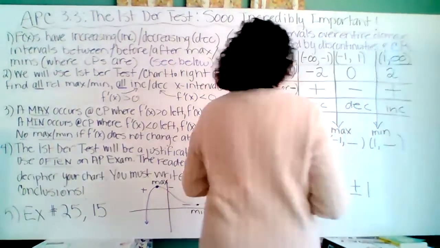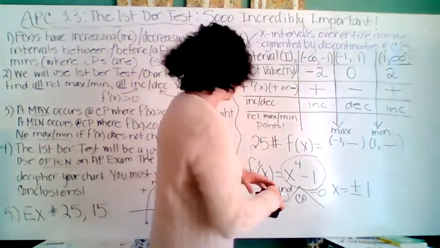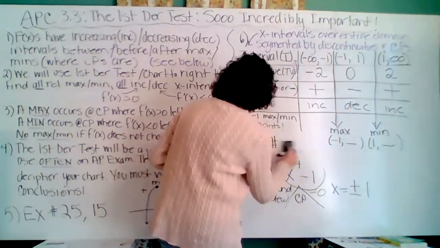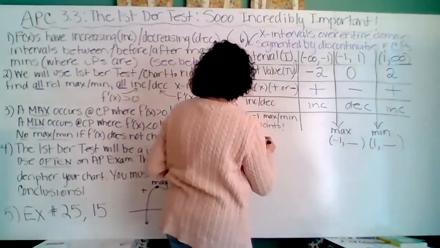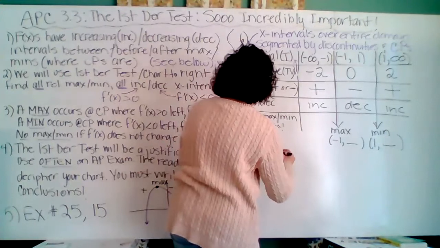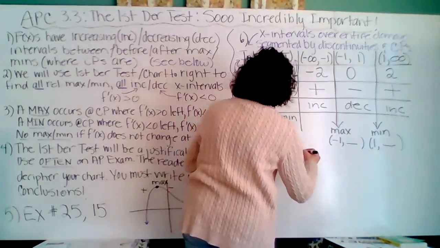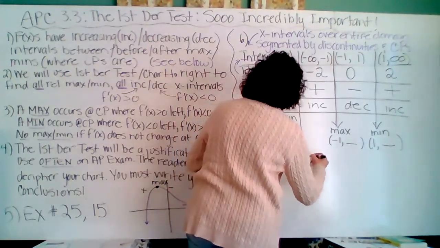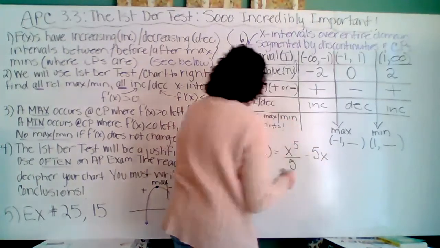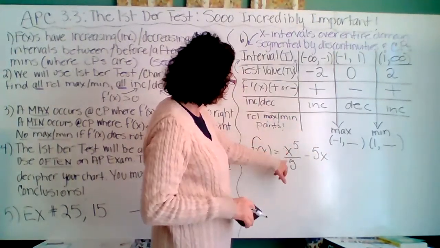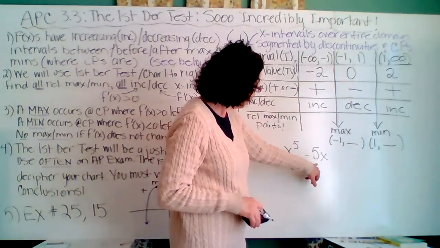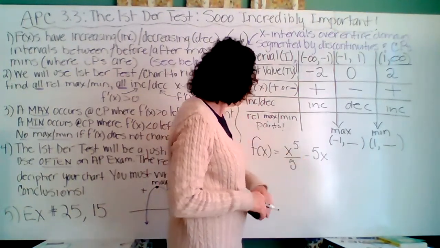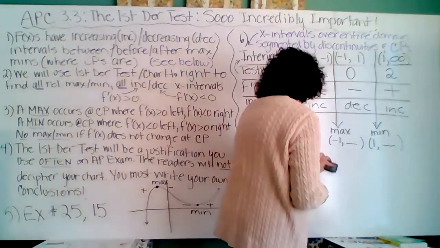So this means that I'm going to have to write the function again to find the y value that goes with it. So let's go ahead and do that. I had written that function as x to the 5th over 5 minus 5x. So when we put a -1 in here, we get a -1/5 plus 5, right? Sorry, I wrote it this way.